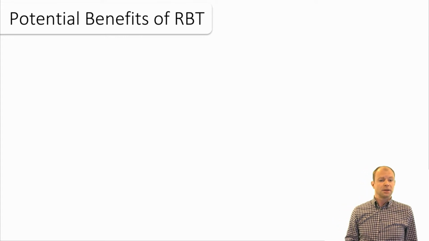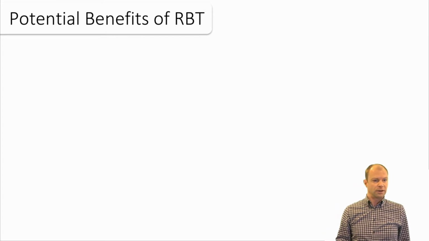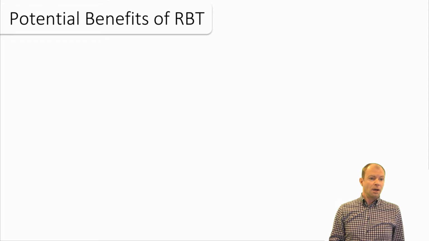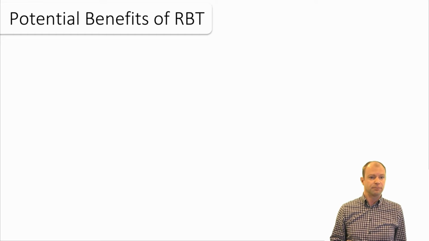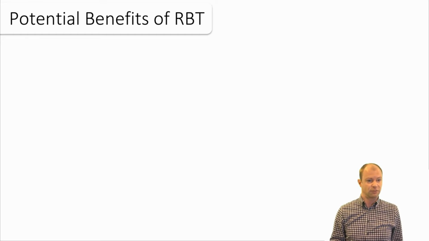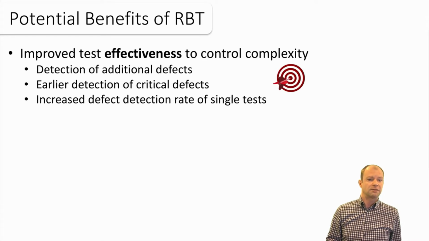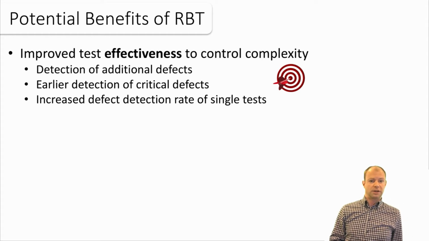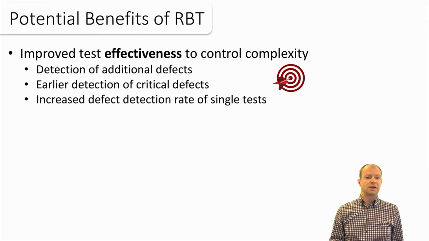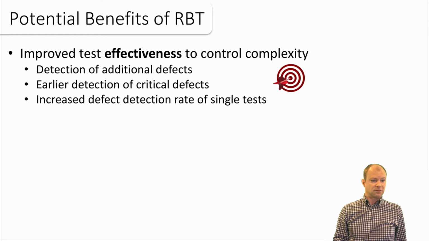Let's first start with the notion of risk at all in software testing, and therefore with the potential that risk has. Risk-based testing can provide several benefits to testing large-scale systems. First, it can improve test effectiveness to control complexity, which enables detection of additional defects, earlier detection of critical defects, and increased defect detection rates of single tests.